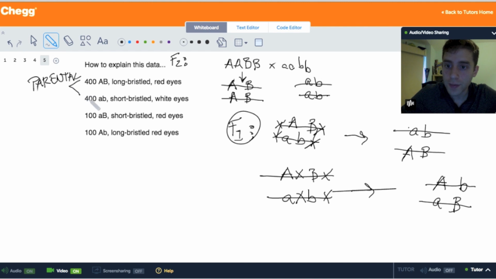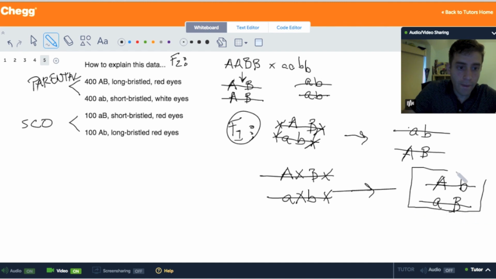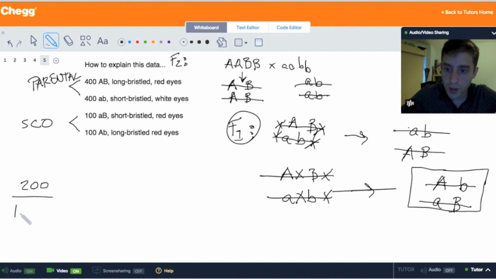So these are our parental, where crossover did not take place, and these are our single crossover events right here. We can see that a single crossover event took place 100 plus 100, so 200 times out of 1,000 progeny. So we can get the percentage: 200 divided by 1,000 times 100 is equal to 20%. So this tells us the recombination frequency. What is the percentage that these two genes recombined, which is 20%.